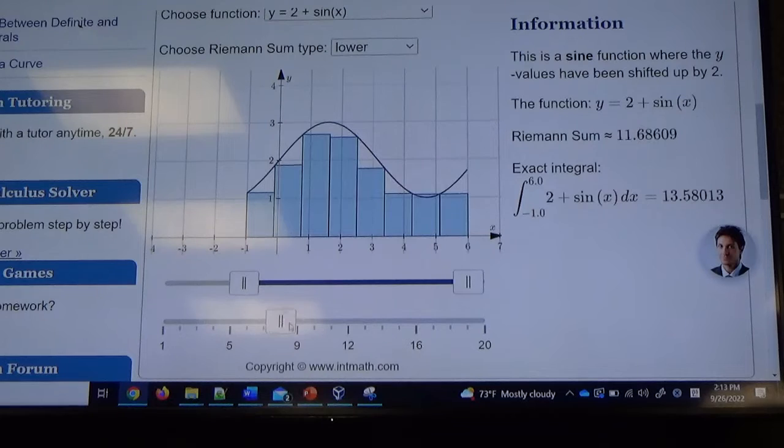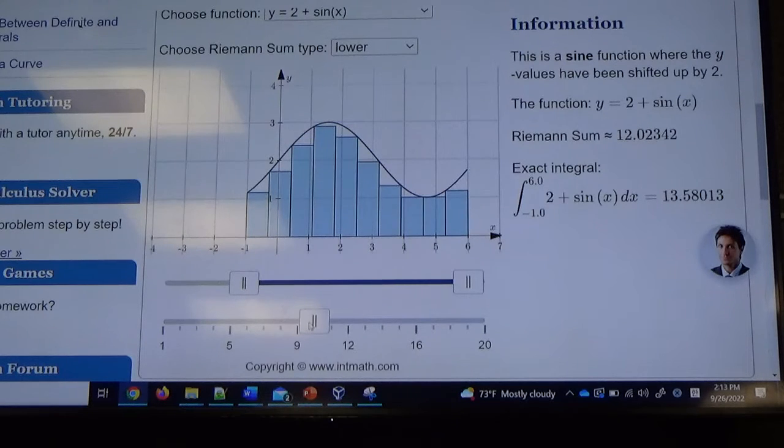I could increase the number of intervals, just like this one. So right now I have 10 intervals. Okay. Now let me first explain what a lower sum is. Lower sum means for each building site, you look at the function value and use the lowest point to build your rectangle.